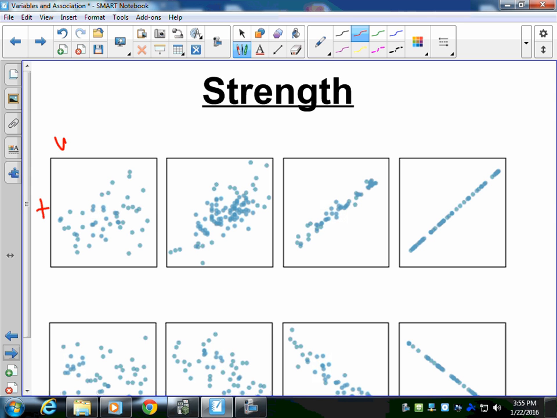This first one we would consider a weak positive association. This middle one is more in the moderate positive association. Then we get to strong positive association, and then we finish up with perfect positive association.